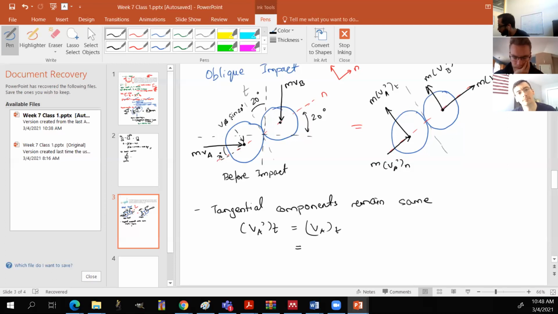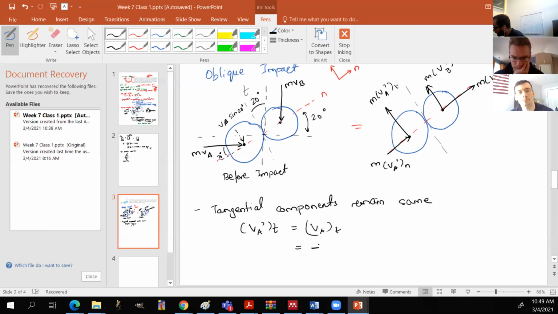All right. So we have, and it's in the negative direction, right? It's in the negative tangential direction. So it'll be minus times VA in the, why does it say positive on here? Anyways, whatever.